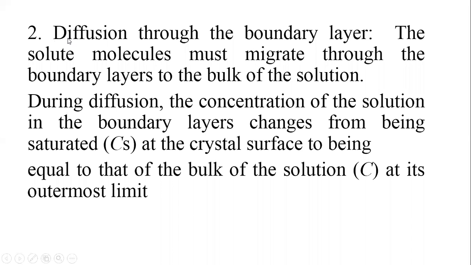The second stage is diffusion through the boundary layer. What is the boundary layer? The boundary layer is a static or slow-moving layer of liquid that surrounds all solid surfaces that are surrounded by liquid.